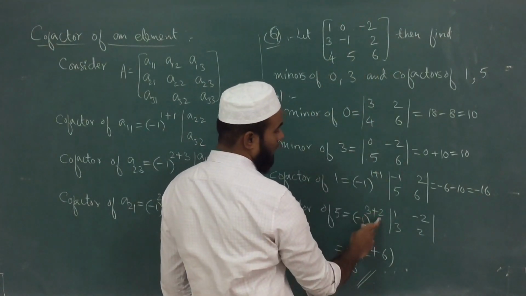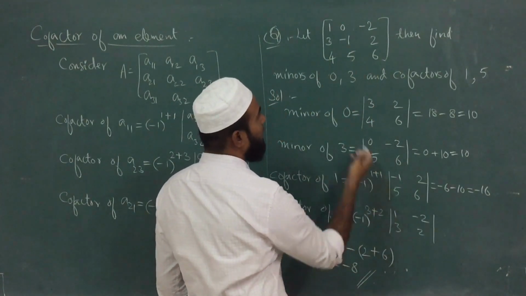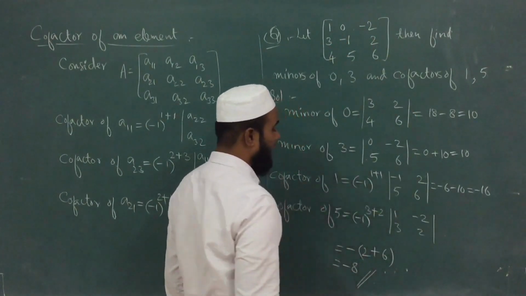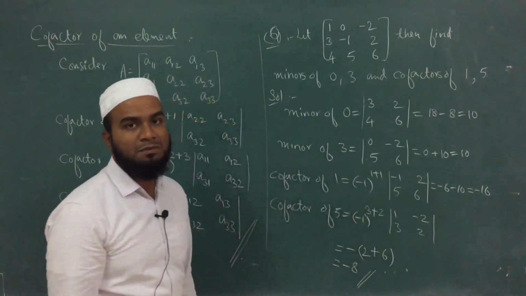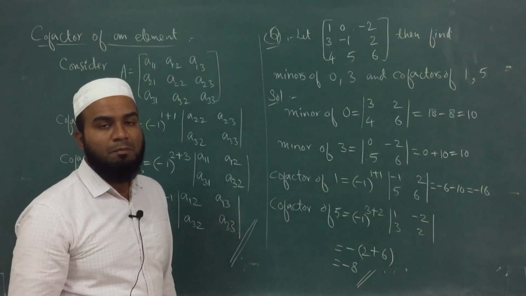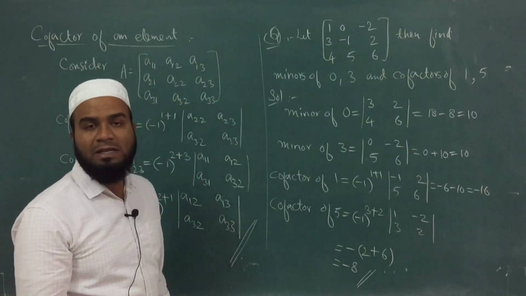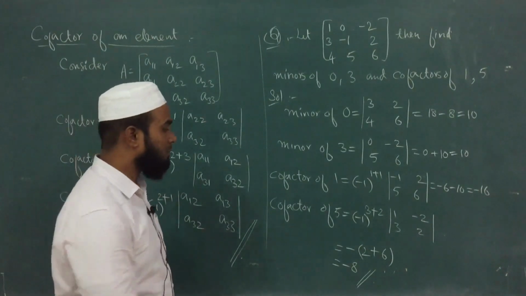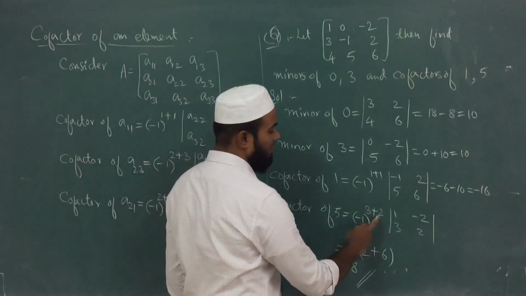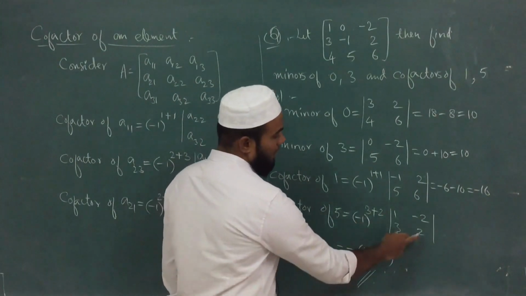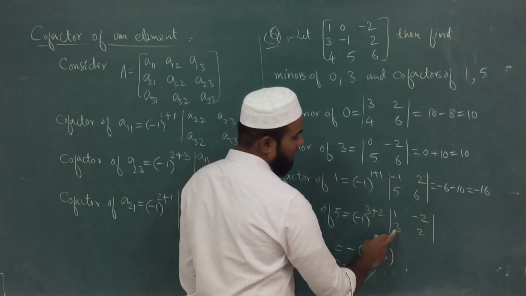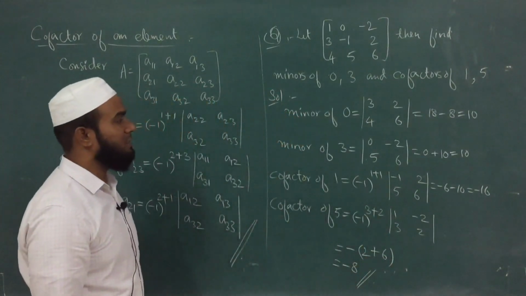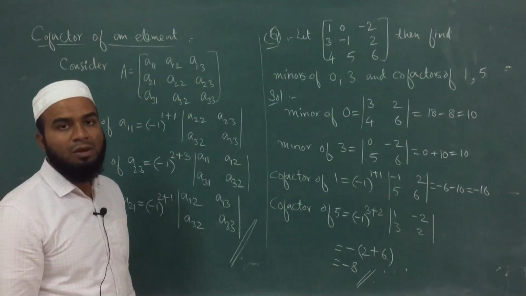So, 3 plus 2 and the remaining thing is minor only. So minor means 1 minus 2, 3, 2. Minus 1 is multiplied 5 times. If minus 1 power odd is there, we will get minus 1 only. If minus 1 power even is there, we will get plus 1. Here we are having minus 1 power 5 which is odd. So, we will get minus. Then 2 minus of minus 6, that is plus 6. So, answer will be minus 8. So, this is how we evaluate minors and cofactors.